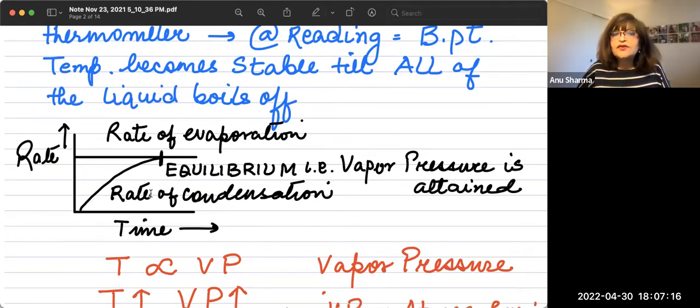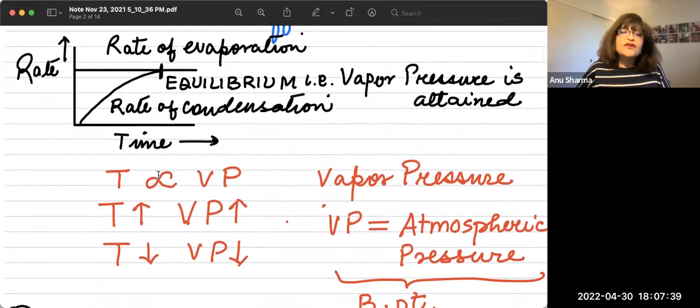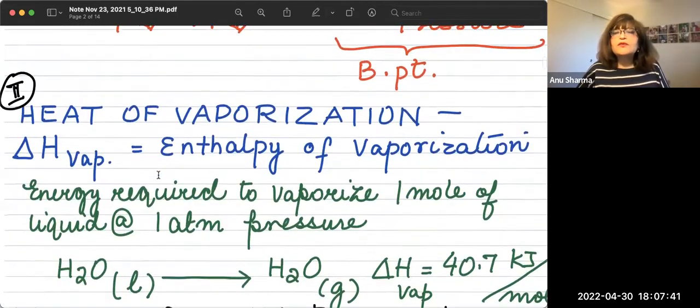In a way, both these processes are occurring at the same time. And a time comes when both of them become equal. That is the state of equilibrium, and that's when the vapor pressure is attained. So when the rate of evaporation and the rate of condensation become equal, at that equilibrium state, the vapor pressure is attained. Okay, so that is the story with boiling, how the boiling occurs.